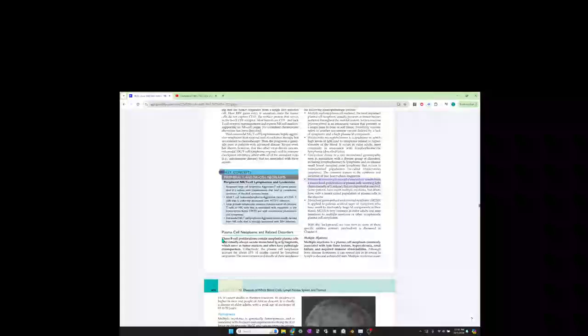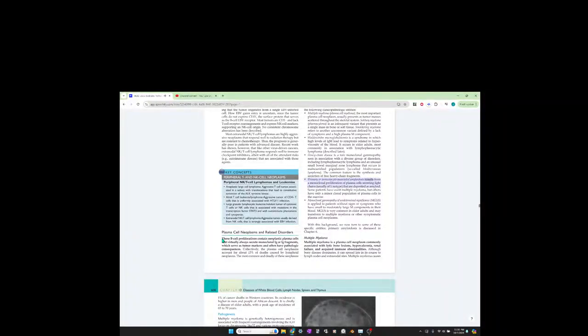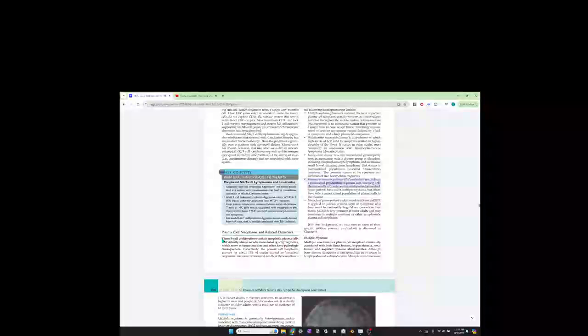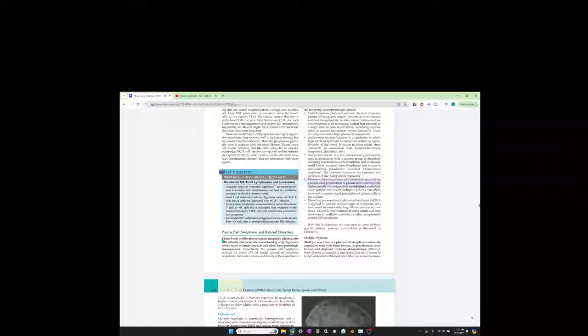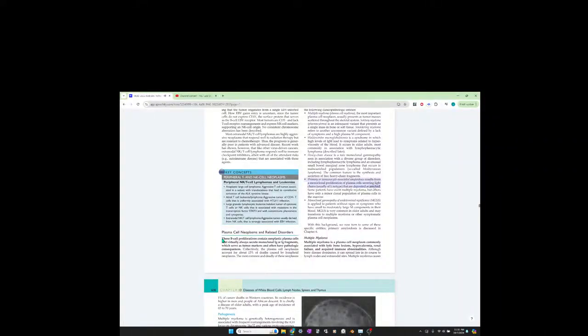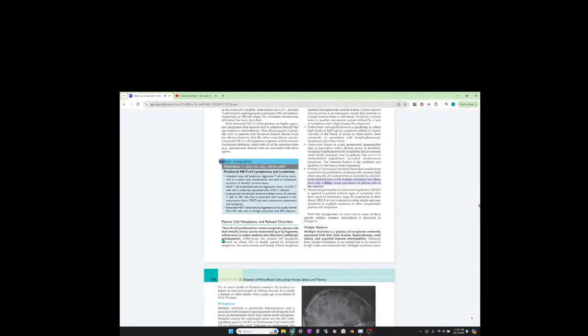Primary or immunocyte-associated amyloidosis results from a monoclonal proliferation of plasma cells secreting light chains that are deposited as amyloid. Some patients have overt multiple myeloma, but others have only a minor clonal population of plasma cells in the marrow.